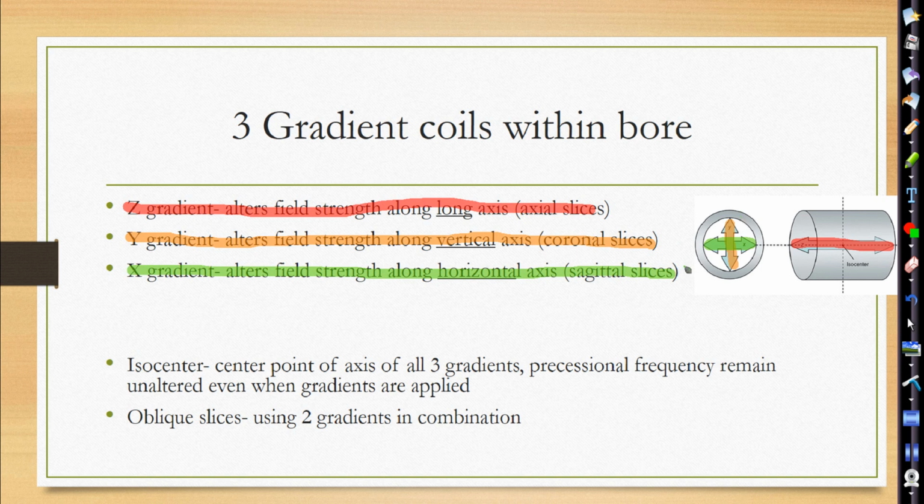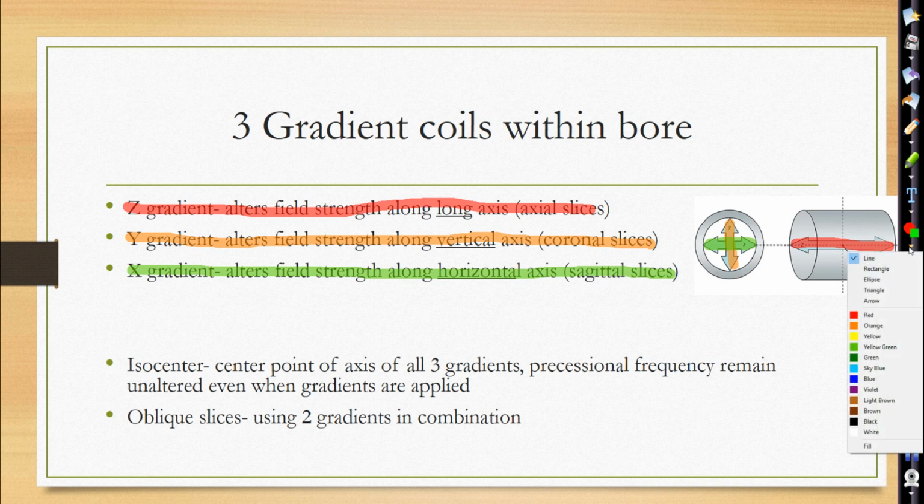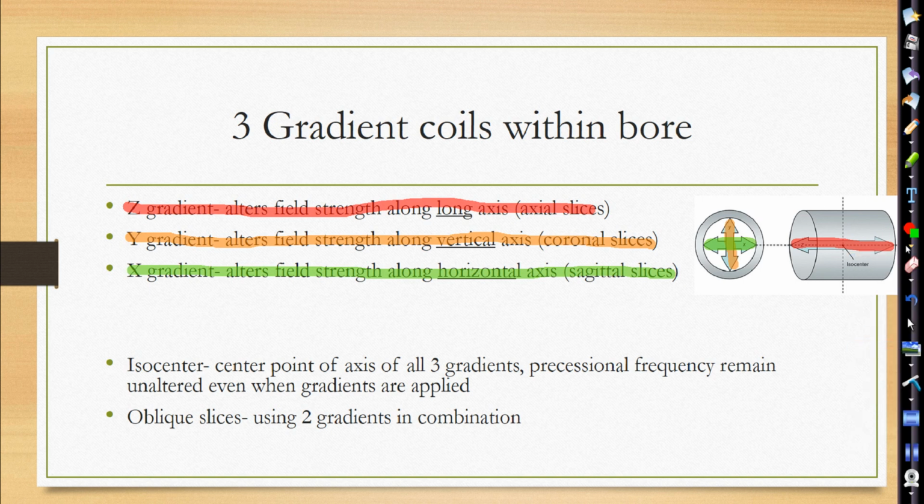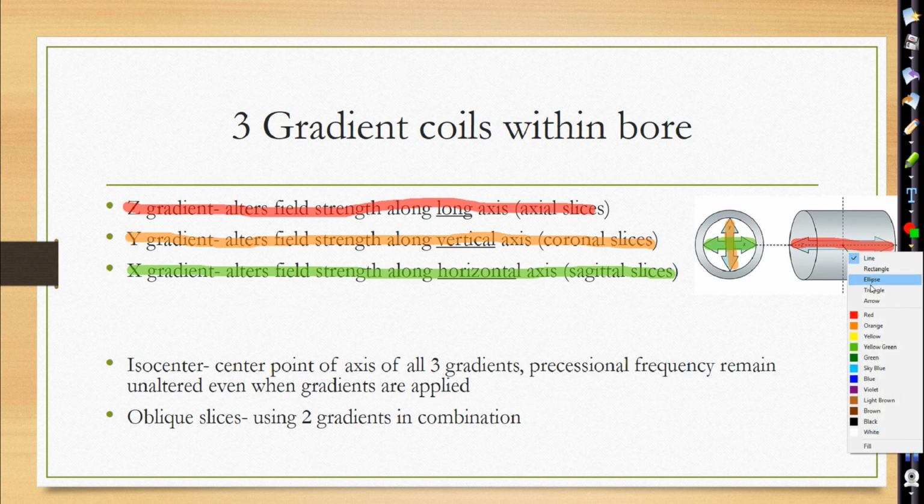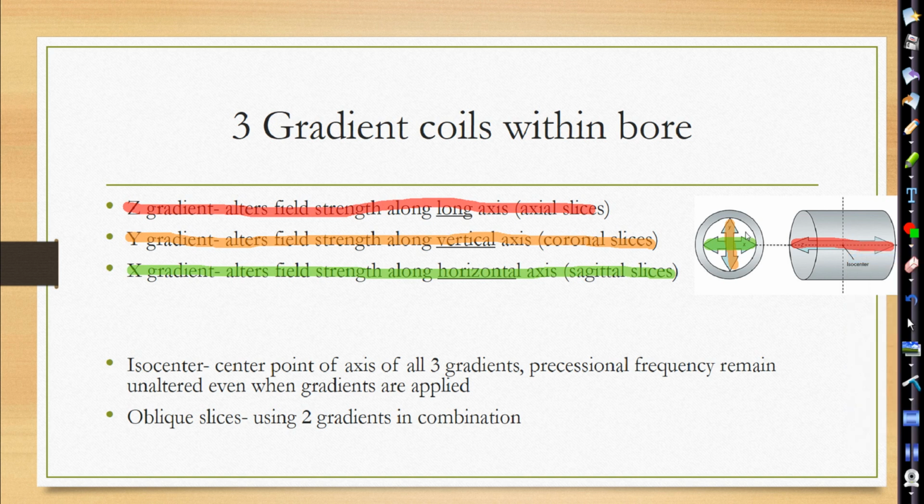See how our sagittal slices are basically going to be 90 degrees from that axis. So for our sagittal slices, it's going to look something like this. You see that? So we have green, and we're going 90 degrees from that axis.